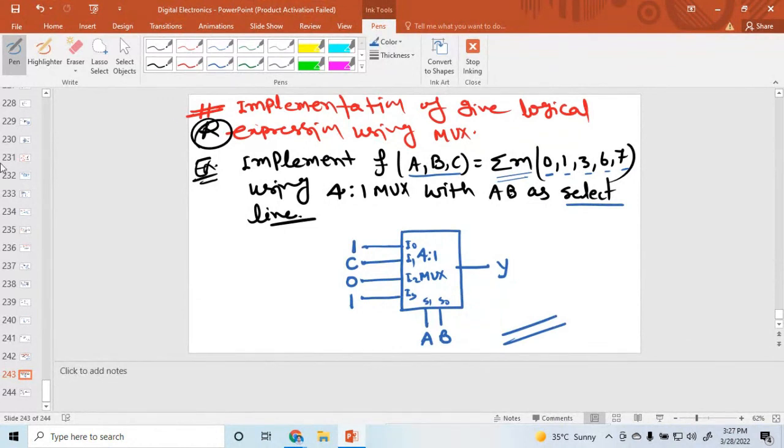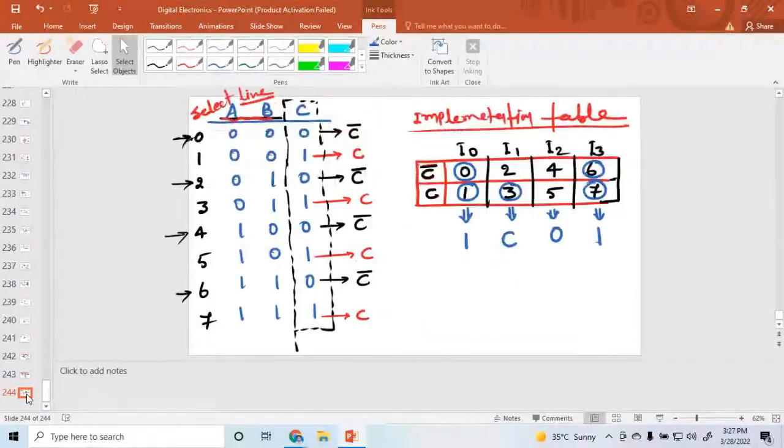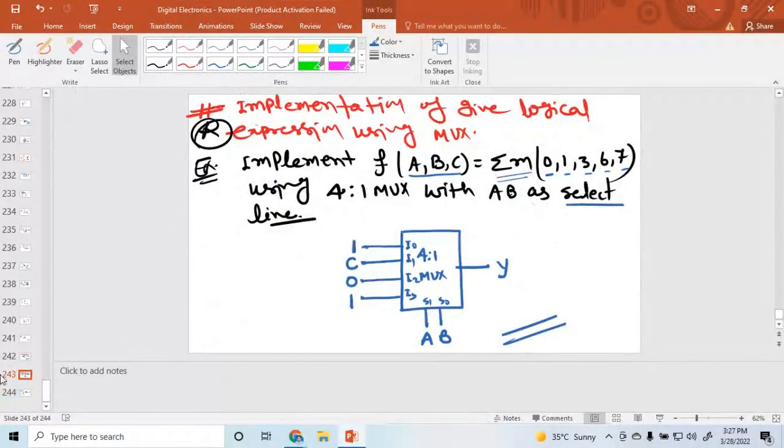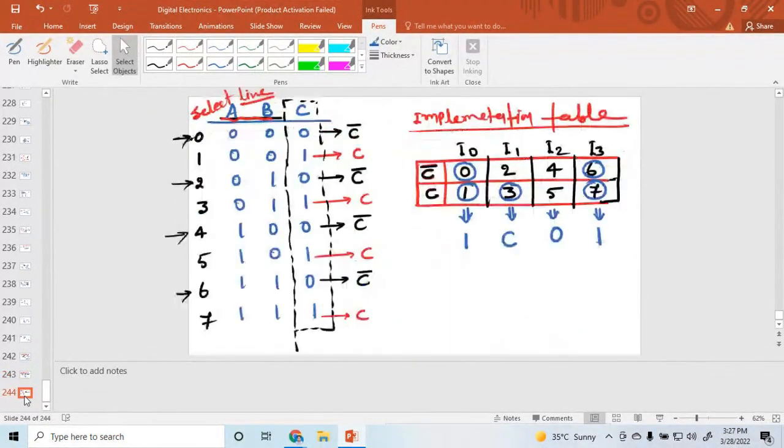Up to this point, does anyone have any doubts or queries? Do you understand how to design? In these questions, it may be that AC is the select line, or BC is the select line. That is mentioned in your question. Suppose in the same question AC is the select line, then you write the terms according to B: B bar, B bar, then B, B, and so on.